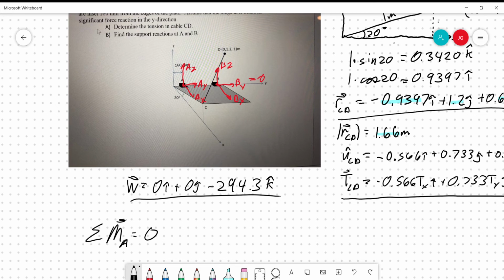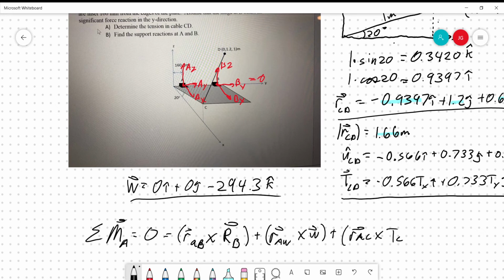In vector format, which gives me R_AB crossed with R_B, and then plus R_AW crossed with the W vector, and then plus R_AC crossed with the T_CD vector.